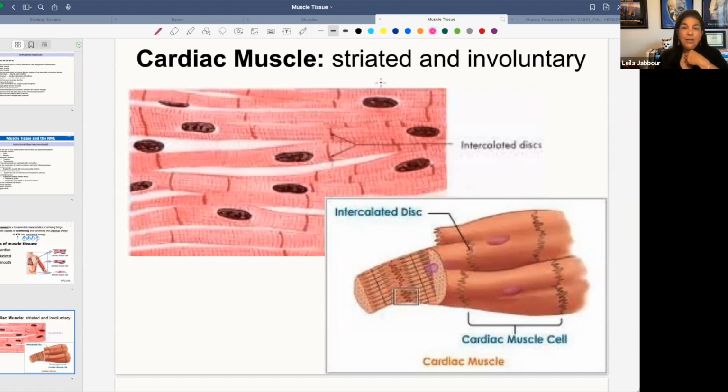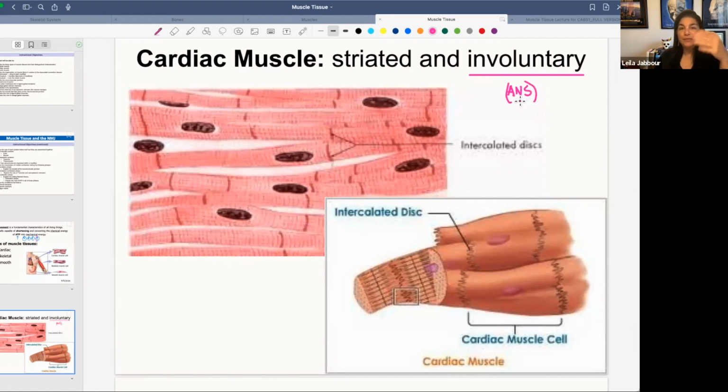Cardiac muscle, like smooth muscle, is a muscle under involuntary control. You do not need to have conscious decisions of contracting that muscle for it to contract. This is going to be taken care of by the autonomic nervous system.